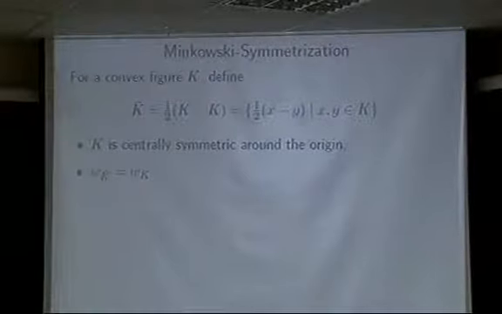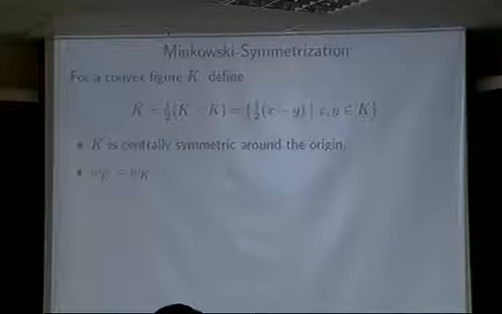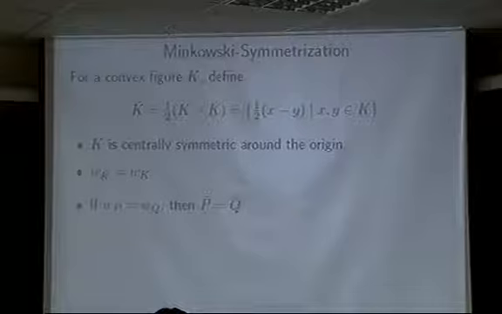And that simply follows because the width function is periodic with pi. So if you take this Minkowski sum, you're kind of adding the widths of K and minus K, but that's the same. And if you have two objects whose width function is the same, then their symmetrization is the same.